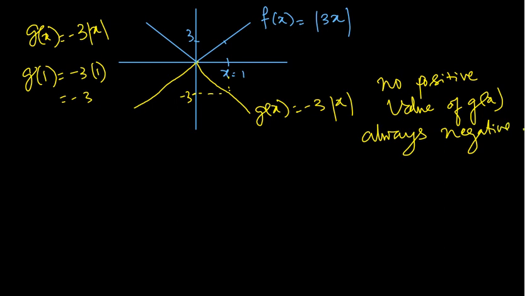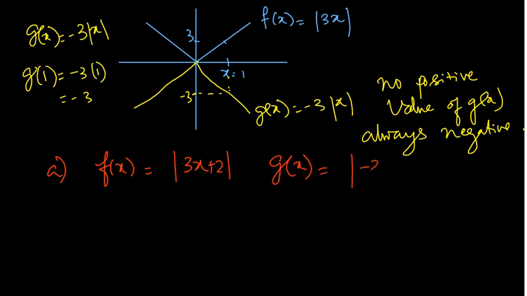Then a question now. How can you comment on f of x equal to 3x plus 2, g of x equal to minus 3x minus 2?